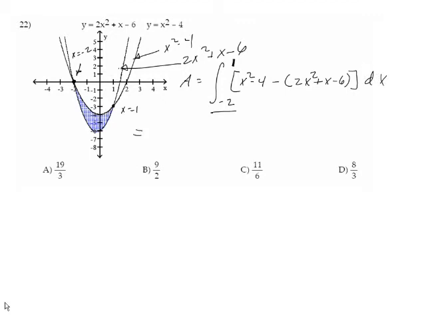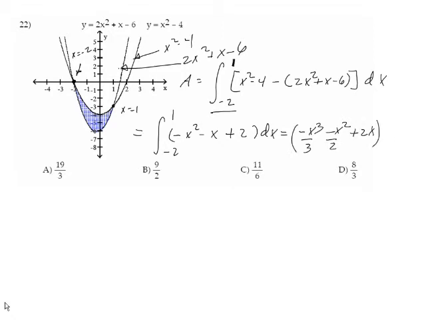So this equals the integral from -2 to 1 of minus x squared minus x plus 2 dx, which equals minus x cubed over 3 minus x squared over 2 plus 2x.